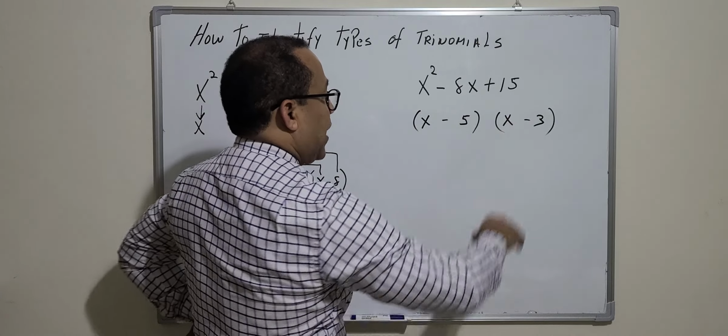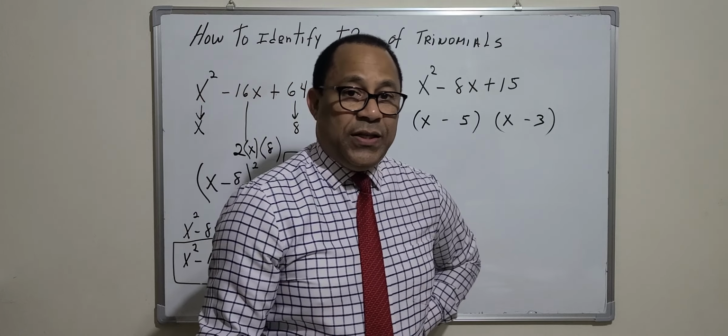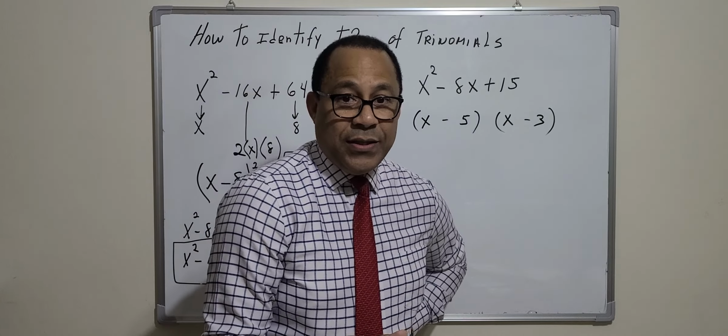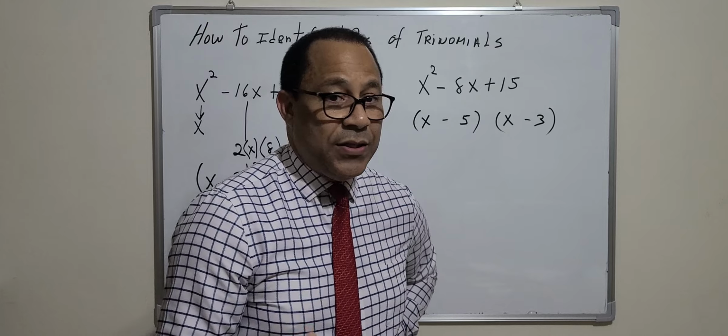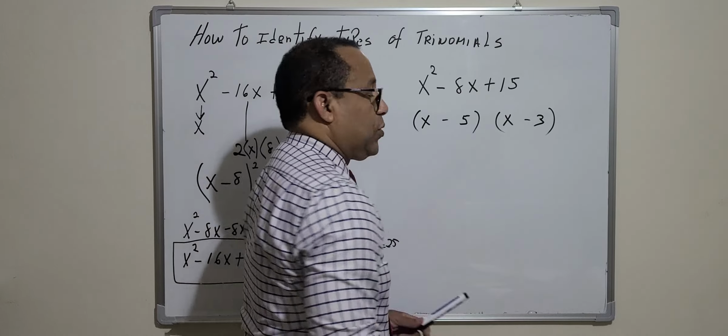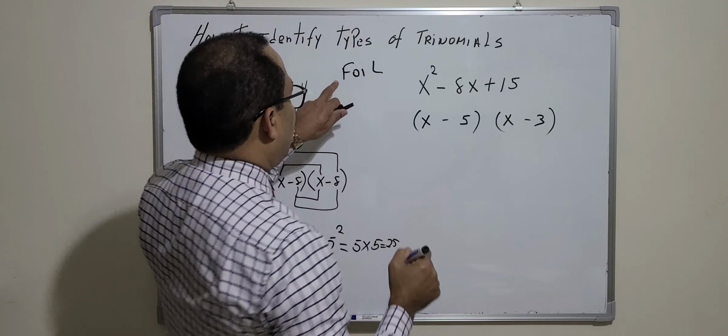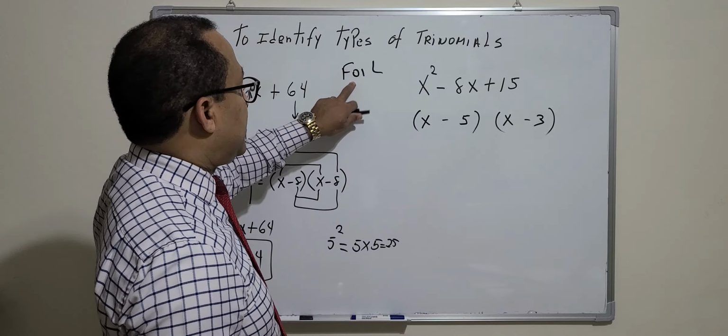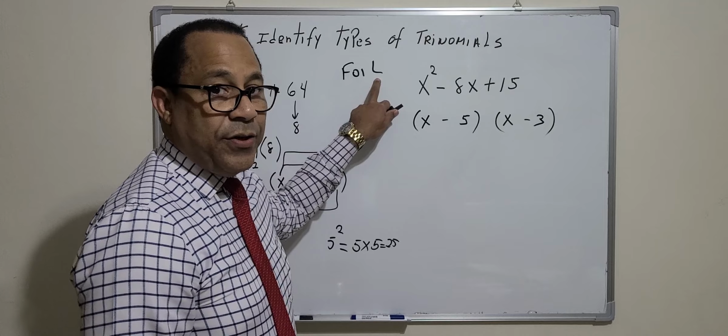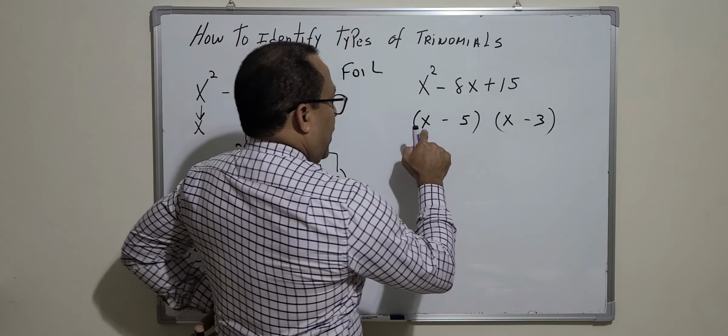Once it's factored, if we need to prove that this is correct, no need to do that unless you are asked for it. Just let's use the FOIL method. First terms, outer terms, inner terms, and last terms. Let's use it.